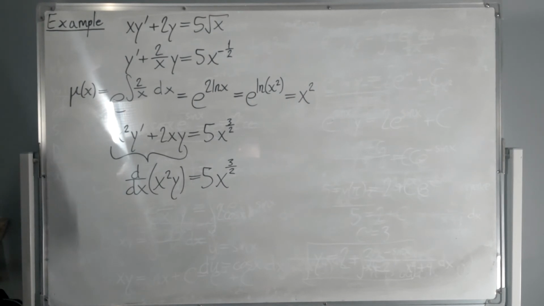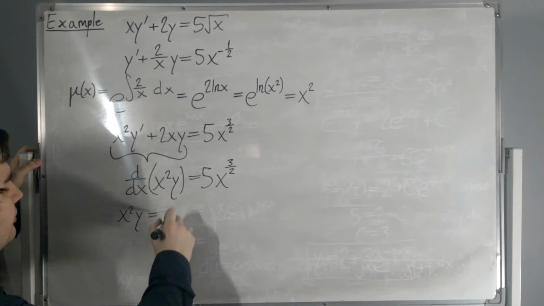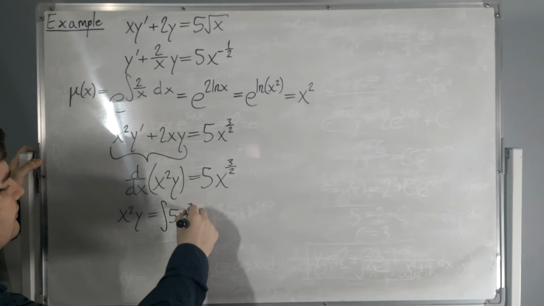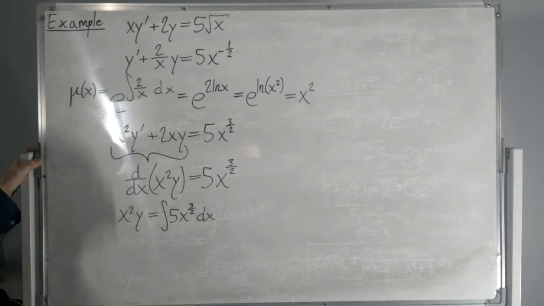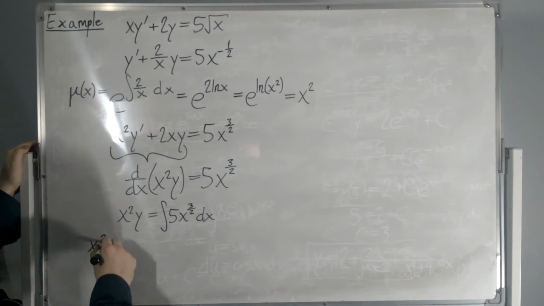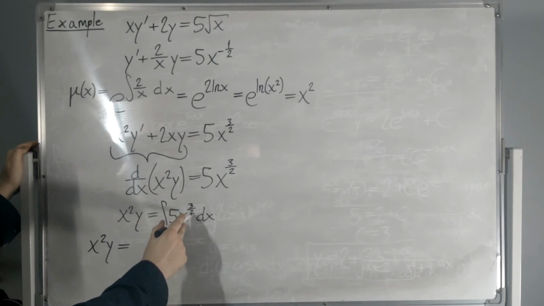Take the integral of both sides, and now we're working with x squared y equals the integral of 5x to the 3/2. Well, if we add 1 to the exponent and then divide by the new exponent, you're going to get 5/2 as the new exponent.